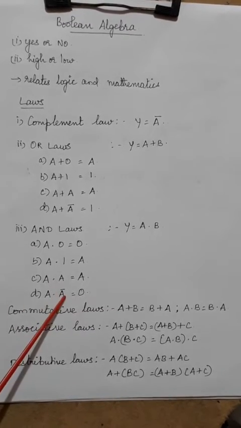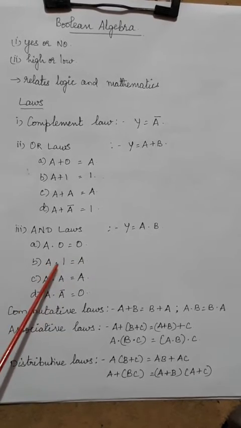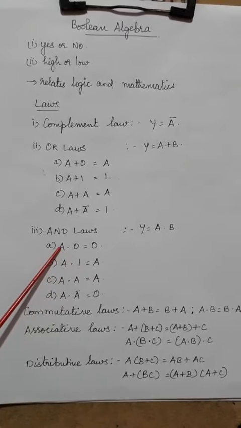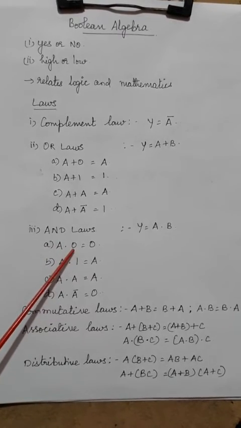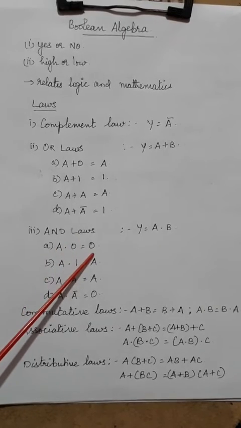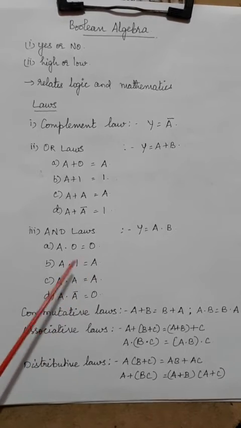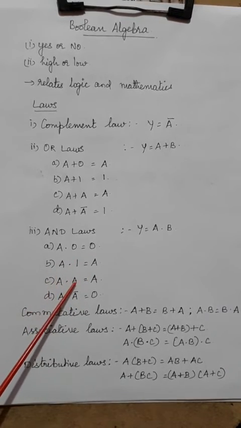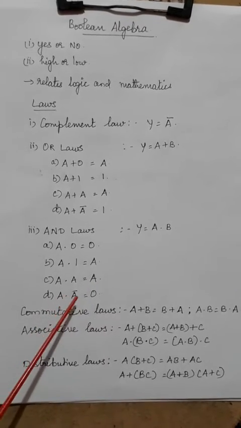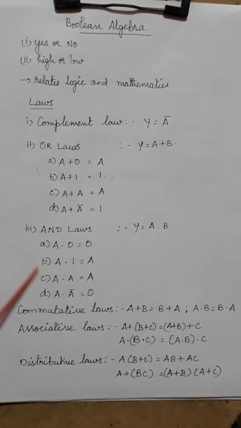In those conditions, what we have learned, children, is a dot 0 is equal to 0. A and 0 gives me 0. A and 1 gives me a again, the same one. A and a also gives me a. And a dot a complement will give me 0. These are the AND laws.